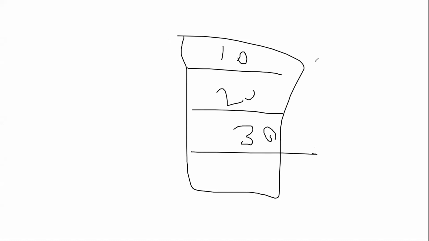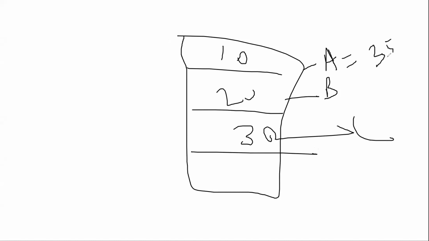And I named this place A variable, this one B variable, C variable. Anytime I'm using variable A, it will pick out this 10 and use it. But in between my program, if I say A is equals to 35, then it removes this 10 from here and turns it to 35. Those are what we call value type. It's the value inside this place that we are dealing with.